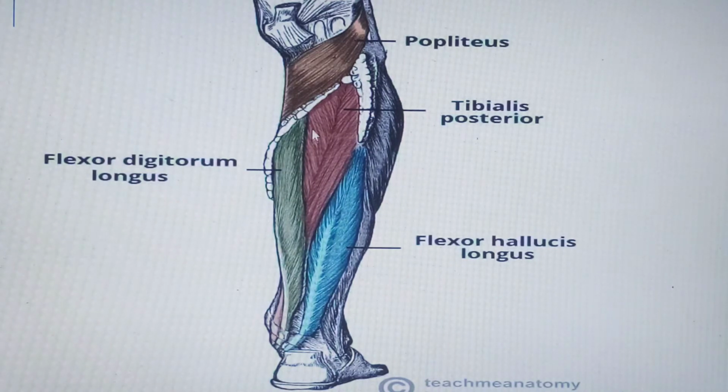So tibia is more medial, and then what happens is that yes, its tendons will split in the plantar aspect of the foot to insert on the bases of the distal phalanges of the lateral four digits, that's digits 2 all the way to 5.